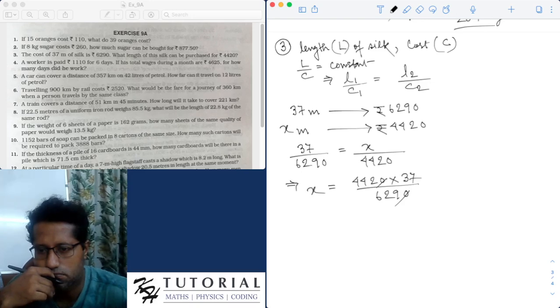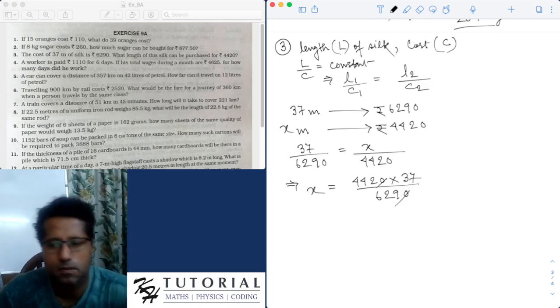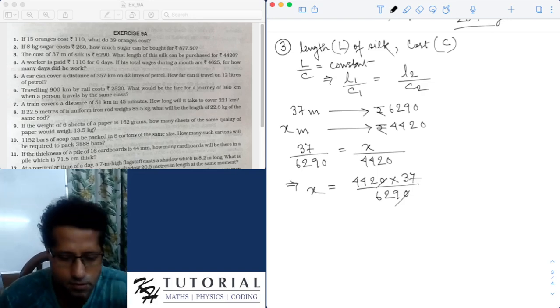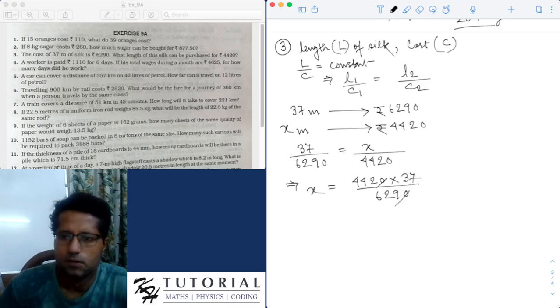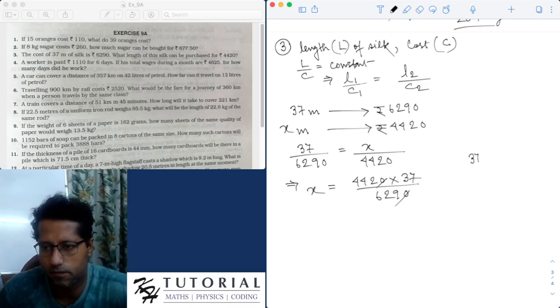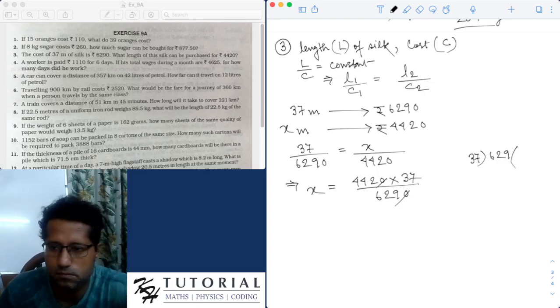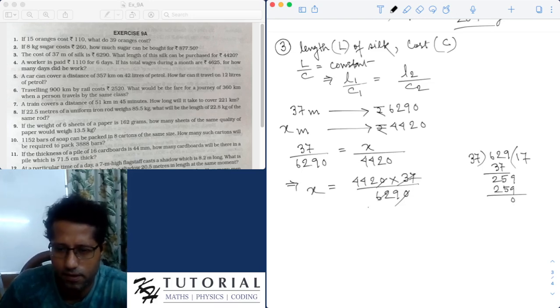0 cancels, and this is a long simplification. Will 37 divide 629? Yes, this is 17.